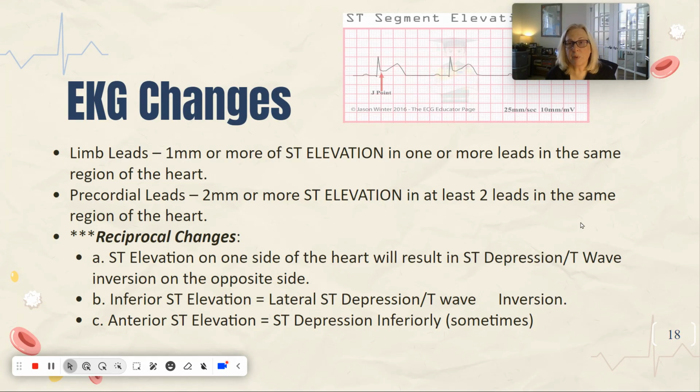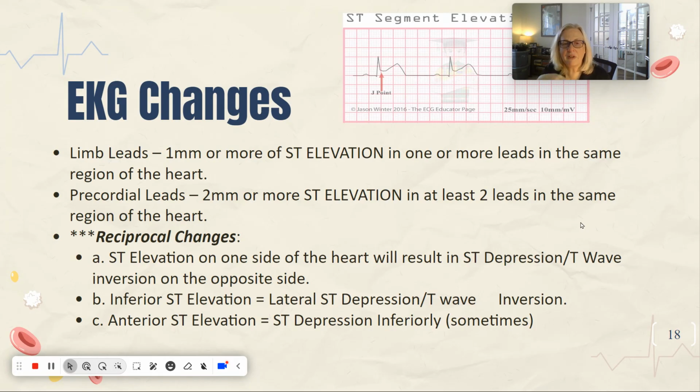Something called a reciprocal change is if I have something going on up here, I will have just the opposite going on down at the bottom. Whatever's happening up top should be just the opposite down bottom. That's just the way it happens. Everything's opposite, right? So if I have ST elevation on one side of the heart, you'll have ST depression on the other side.